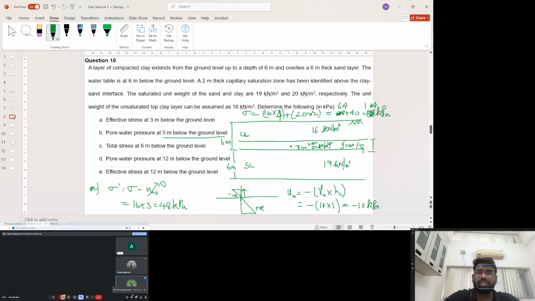And now pore pressure at 12 meters below the ground level. For that, this is the point. Here we need not consider what happens in this zone. Our concern starts from the groundwater table. So it will be a linear variation, for which it will be gamma W into 6.